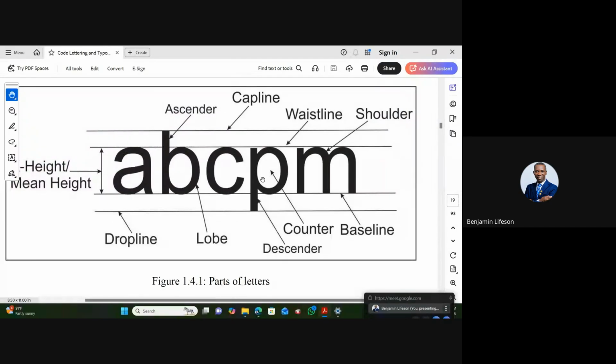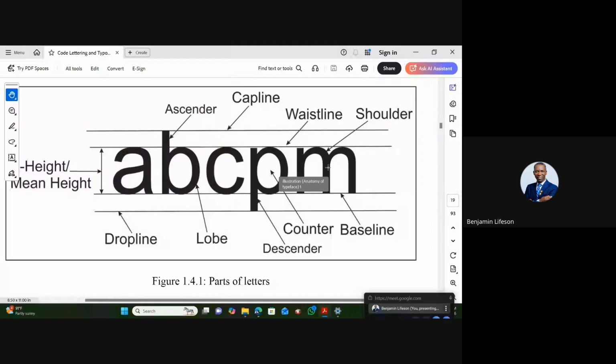Drop line: all descending letters, like P, G, J. I'm talking about the small letters, or what we call the lowercase letters.